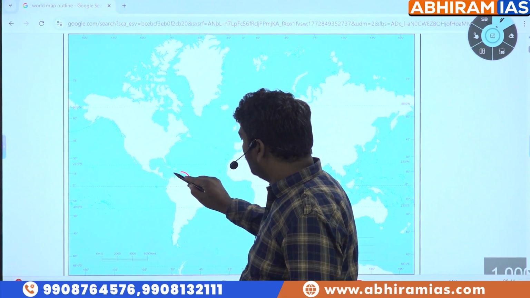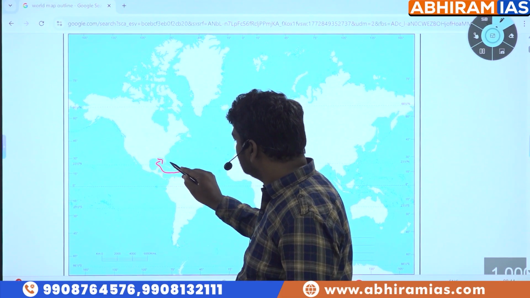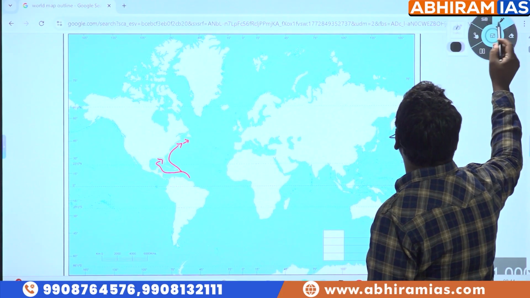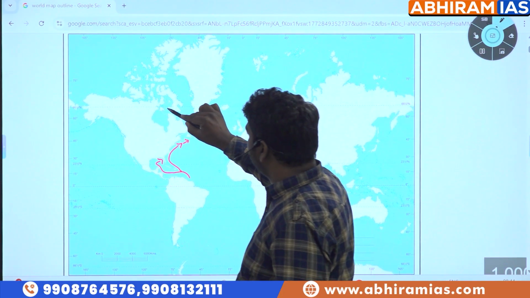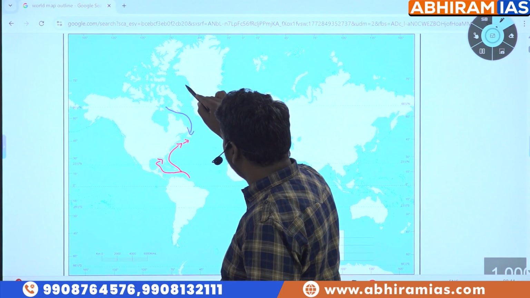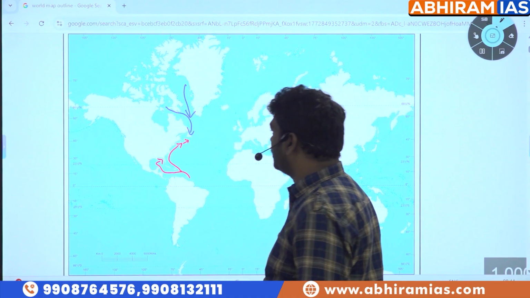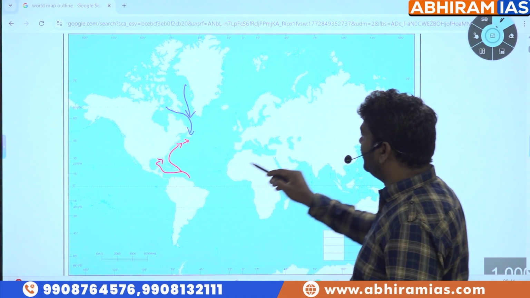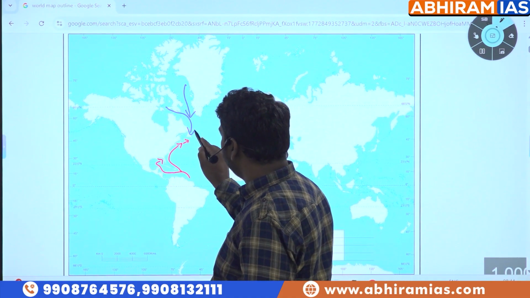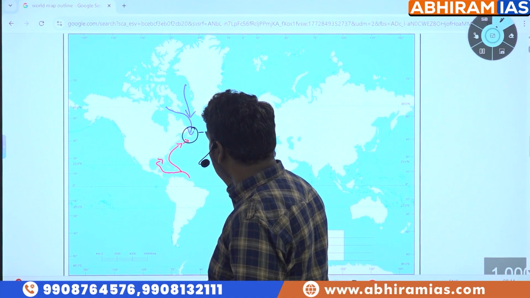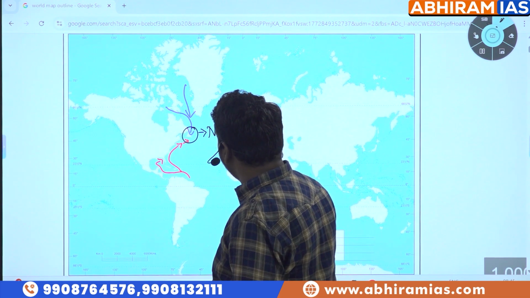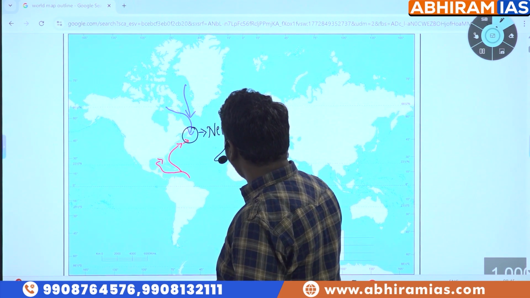Yes. What is this? Gulf Stream. So just keep on repeating so that you're comfortable with the names. What is this called? Labrador. Yes. Wherever warm and cold currents meet, this particular part is called as Newfoundland.